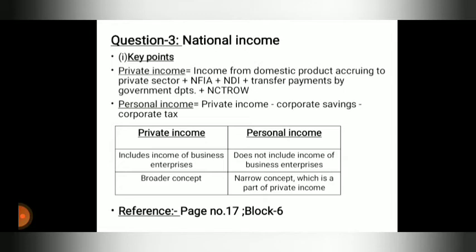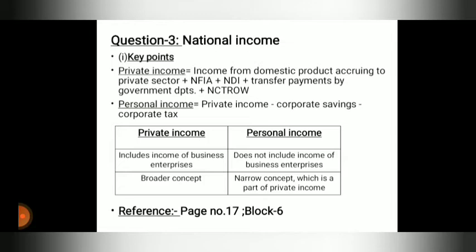So to illustrate the difference between the two, we are again using the tabular format. The first point is that private income includes income of business enterprises. But personal income does not include income of business enterprises. It only includes income of individuals, so it will not include corporate savings and corporate tax.